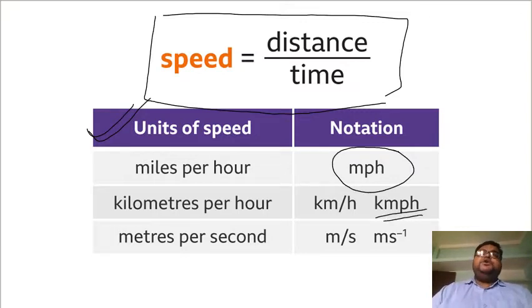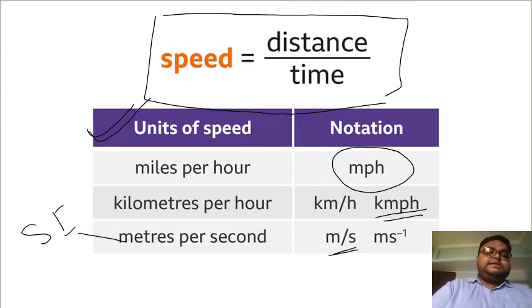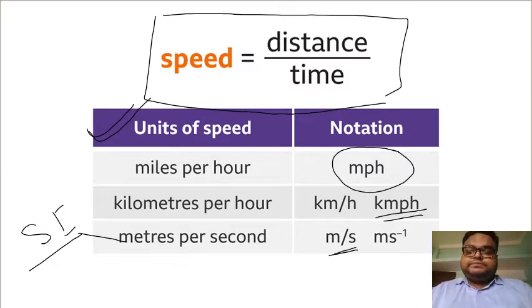You might find the speed as meter per second. So these are different units of speed: miles per hour, kilometers per hour, meter per second. But the SI unit of speed is what? It is meter per second. Understood, students? Right.